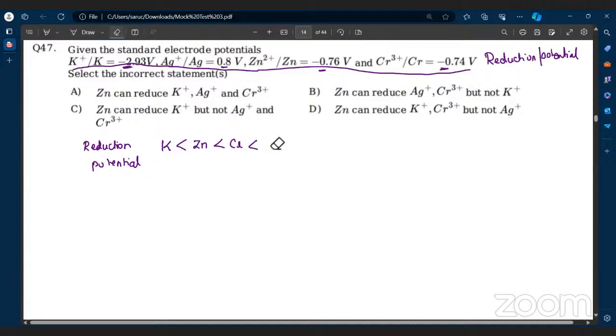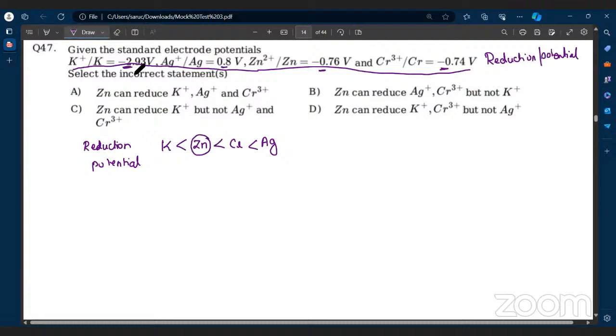Now, zinc can reduce K plus, Ag plus, and Cr3 plus. Is it true? No. Zinc will not reduce K plus, Ag plus, and Cr3 plus, because see the position of zinc over here.